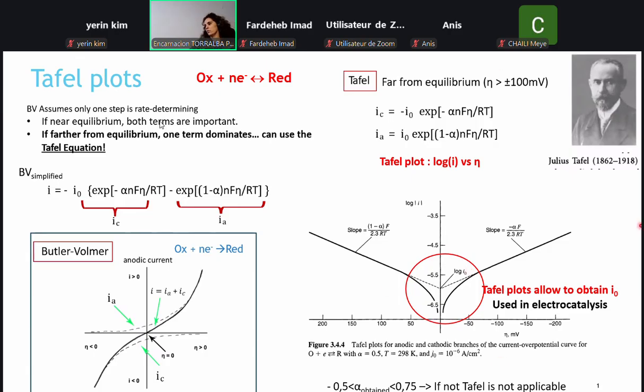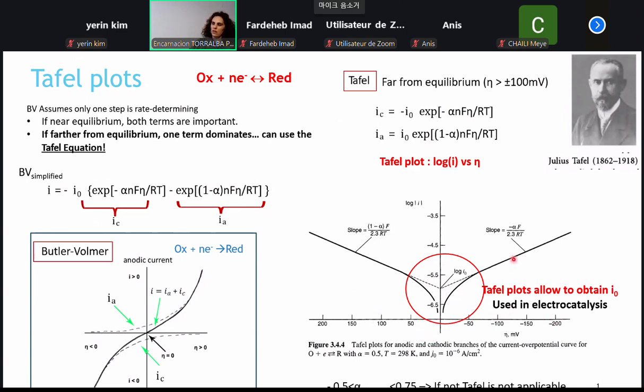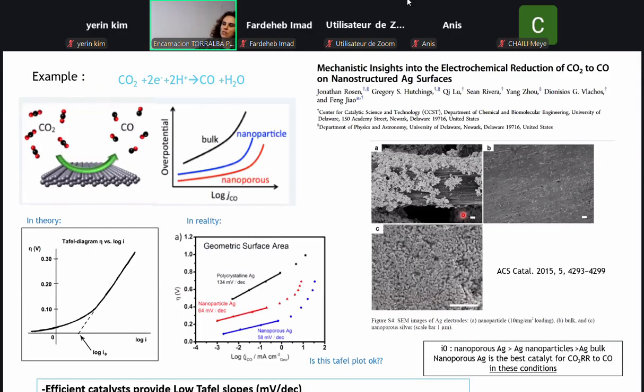So Tafel is just to take a logarithm, but it gives you information on how much potential you need to apply to have a given current, and we can compare between catalysts. Okay. So this is the example. You have seen it already 3 times.